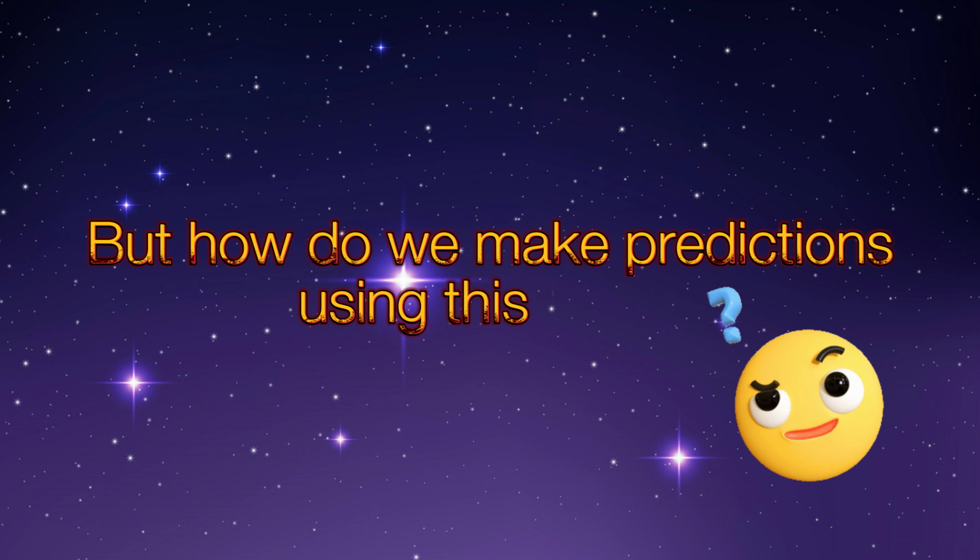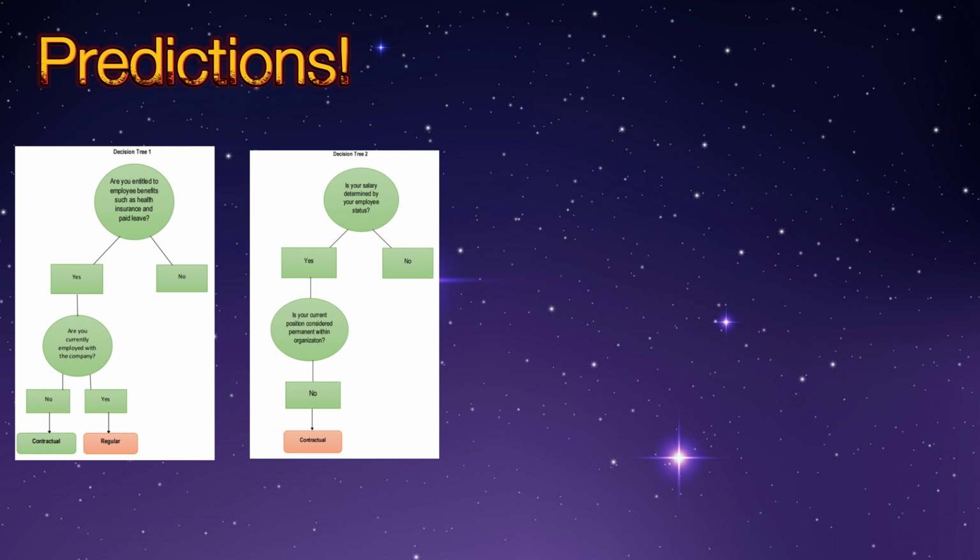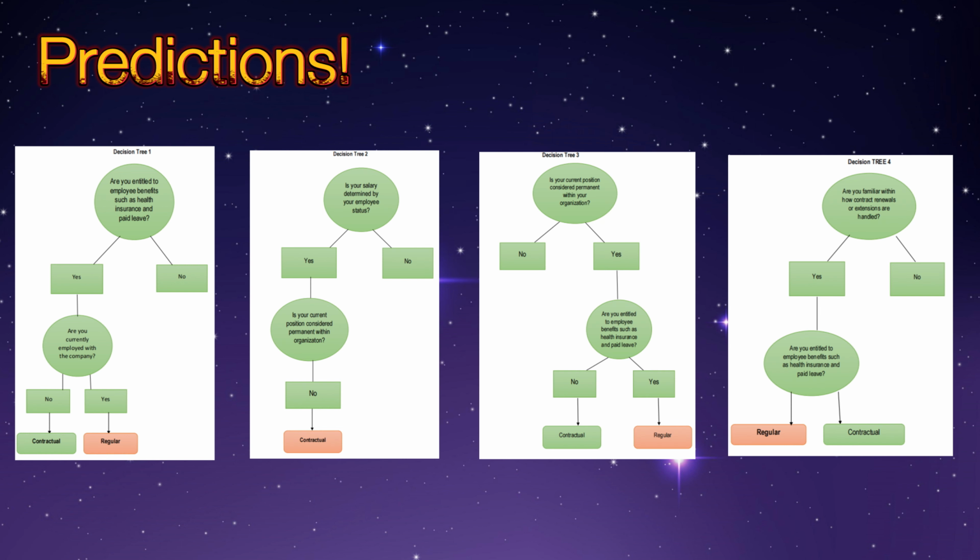But how do we make predictions using this forest? We predict the output for each tree by asking whether a certain employee's status is contractual or regular. Now, we need to combine all the predictions because this is a classification problem.